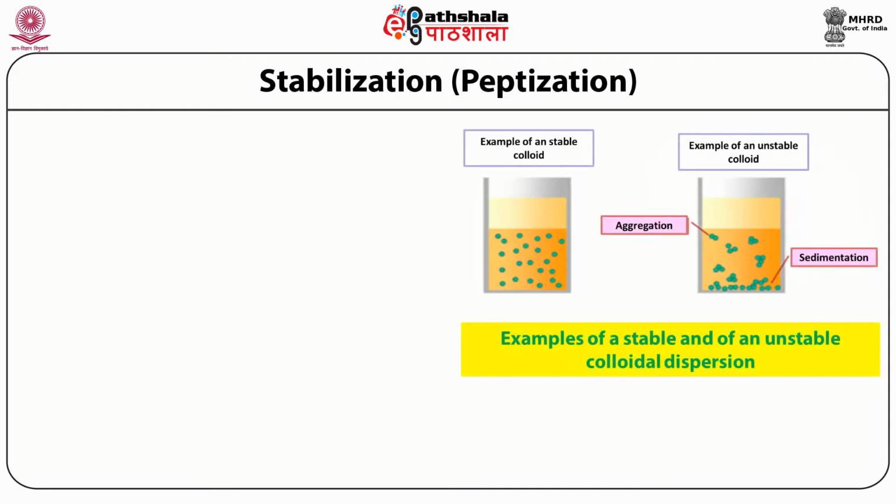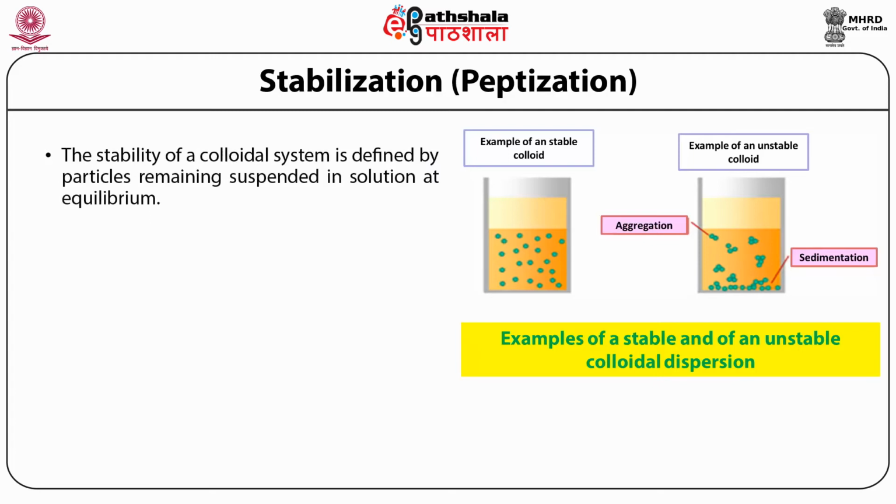Stabilization or peptization. Students, you can see an example of stable and unstable colloid dispersion. So let's discuss it. The stability of a colloid suspension is measured by the ability of particles to remain suspended in the solution under equilibrium conditions.